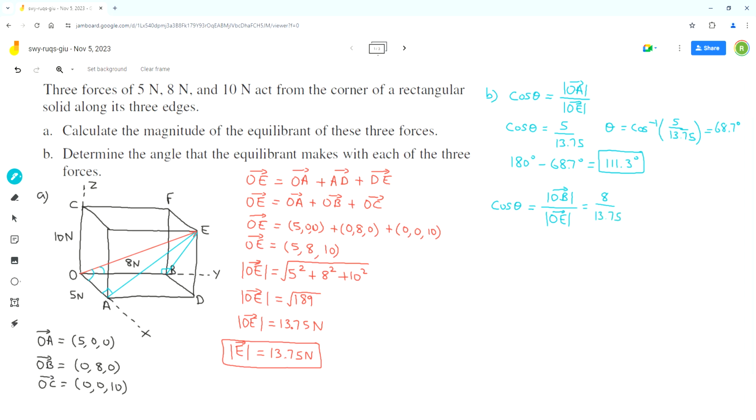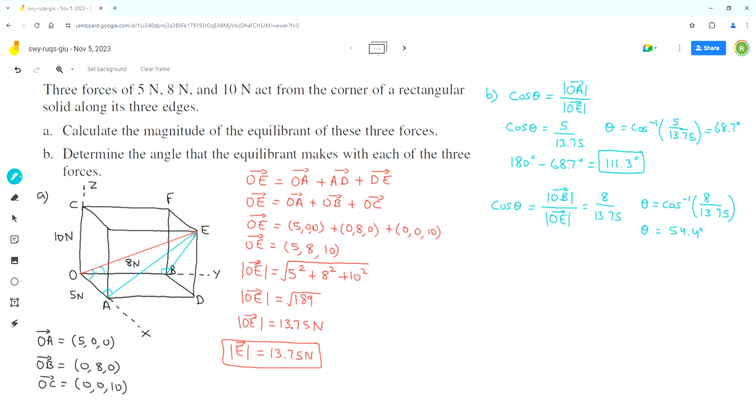Now we can do the inverse of cos. Now we can evaluate. So I got 54.4 degrees. So this is the angle between the resultant and the force acting along the edge OB.